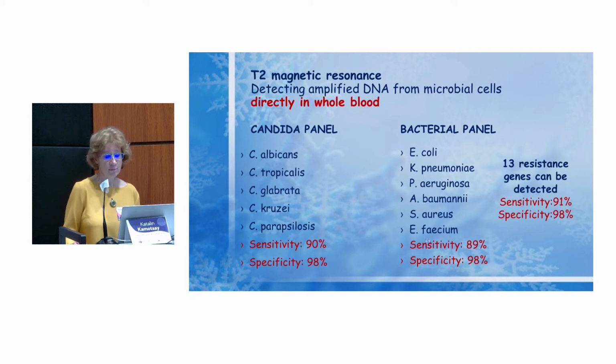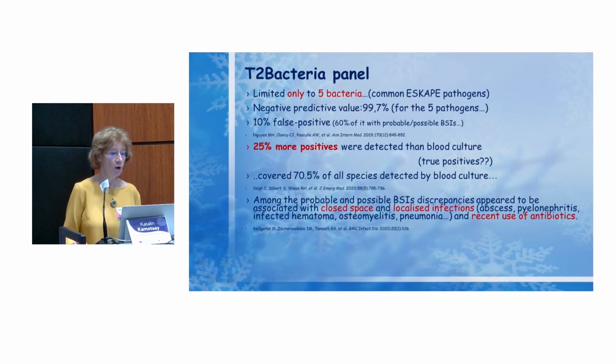The bacterial panel contains only 5 bacteria, but those which are very typical in serious infections in ICUs, and these were mentioned when we mentioned those escape bacteria. Well, the T-catter, sorry, that's in Hungarian. So the T2 bacteria panel is limited only to 5 bacteria.